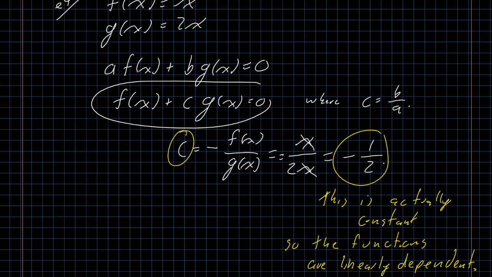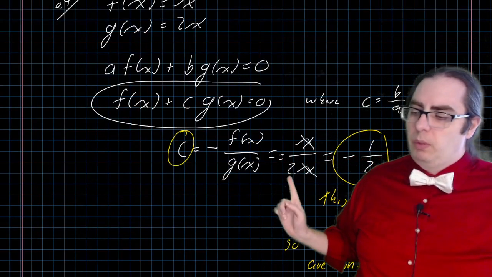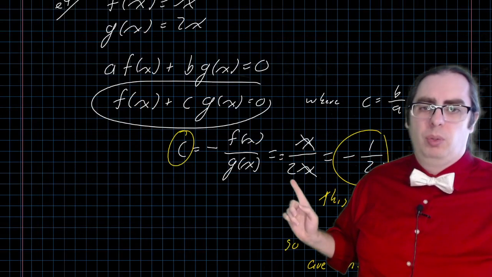If we plug in the functions and we actually get a constant, then the functions are linearly dependent. If we plug in the functions and we get something that is not constant, then the functions are linearly independent. Although that has its problems, right? When we originally plugged in, we got x over 2x.